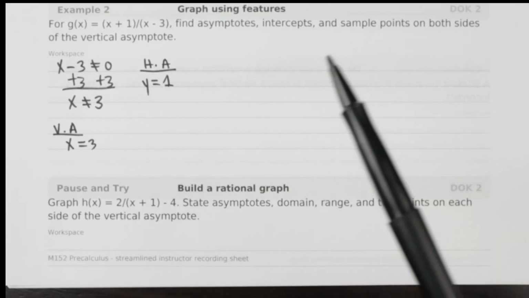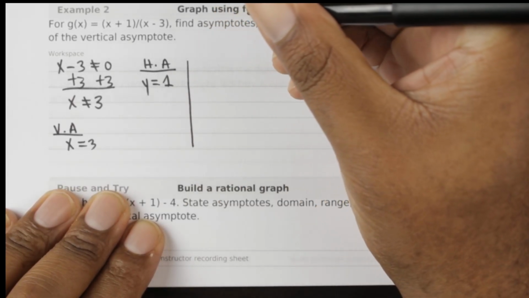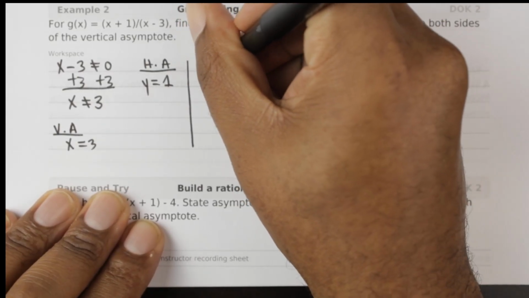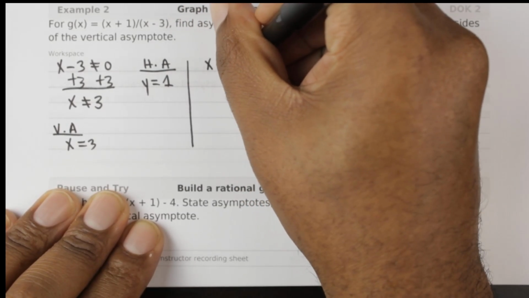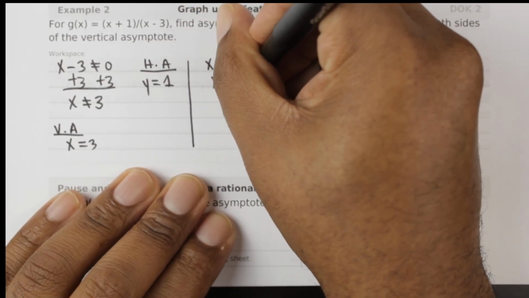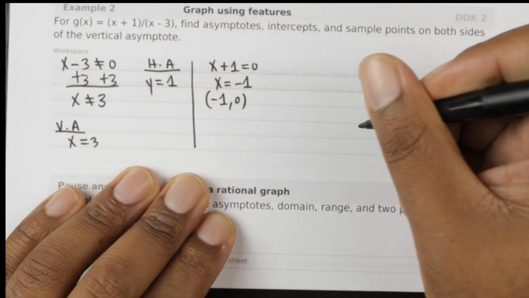Then when we find the x-intercept, we set the numerator equal to 0. So we have x plus 1 equals 0, which gives us x equals -1. That gives us an x-intercept at negative 1, 0.